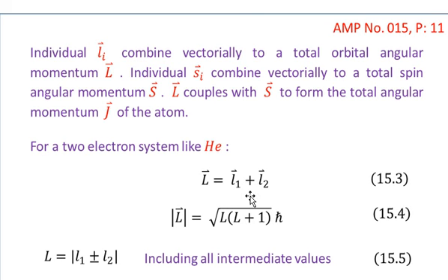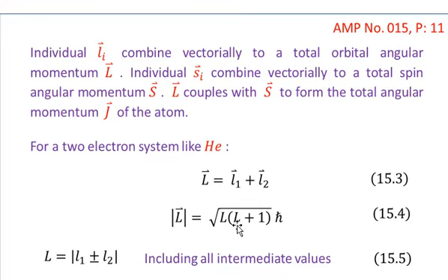So capital L will be equal to L1 plus L2 added vectorially. And the magnitude of the total angular momentum L is equal to the square root of L into L plus 1, multiplied by h bar. This capital L inside the square root is the orbital quantum number, and the quantity with an arrowhead over it, capital L with a vector sign, is the angular momentum vector.